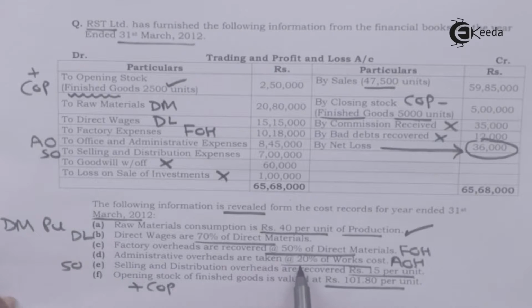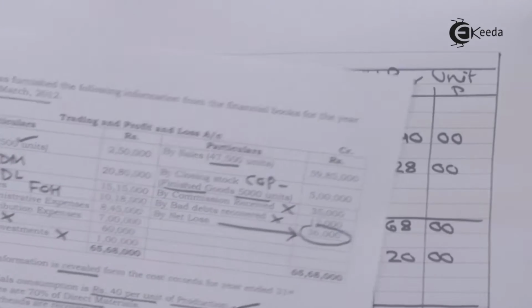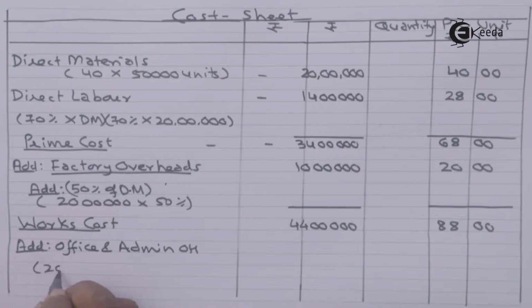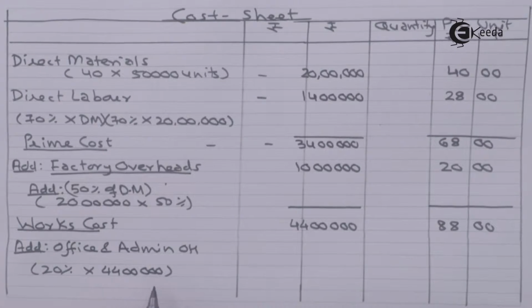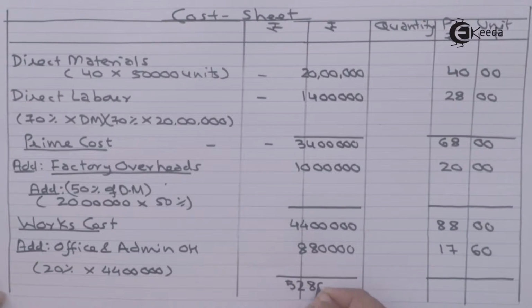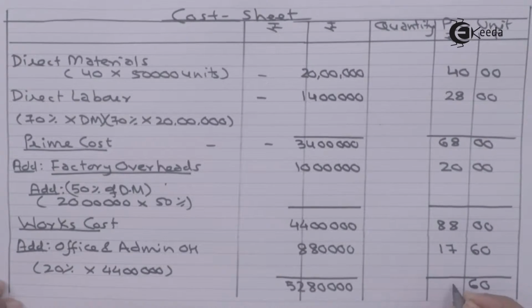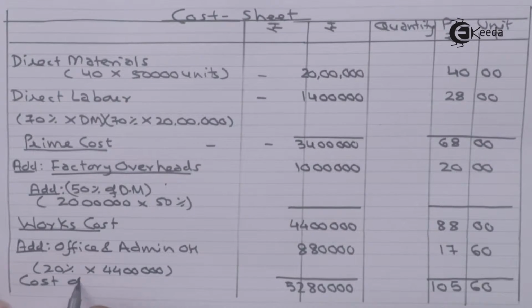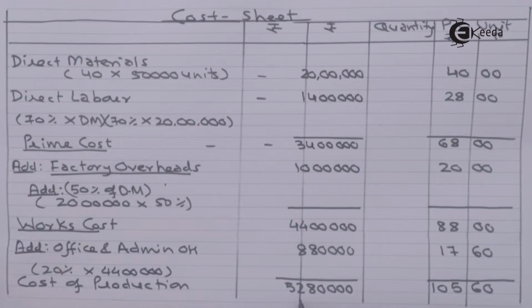Administrative overheads are taken 20% of works cost. 20% of works cost. So we got cost of production 52 lakh 80,000.